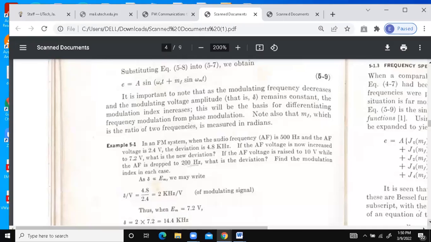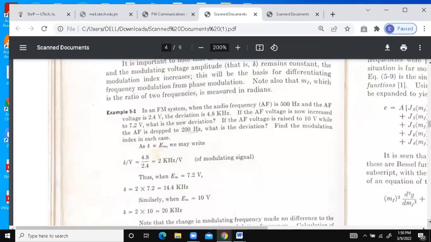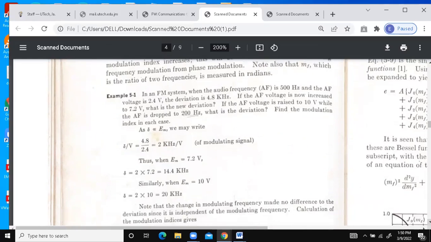So the first one, you divided 4.8 by the 500 hertz. When the Em equals 10, the deviation there is 20.